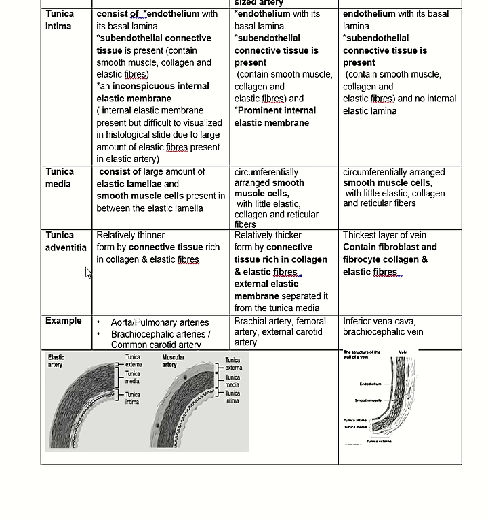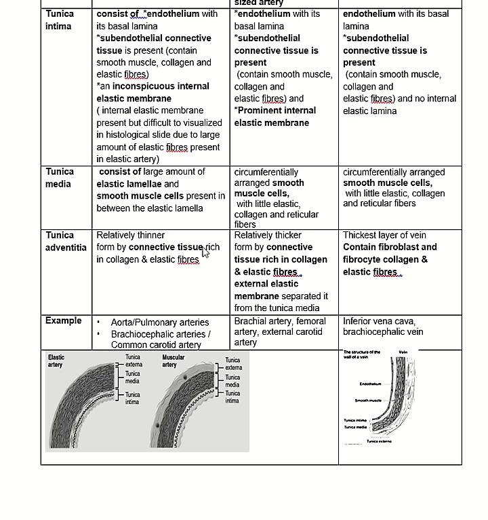Tunica media contains circularly arranged smooth muscle cells, present in all arteries and veins, but the thickness varies. In elastic artery it is thickest, in medium-sized artery it is less thick, and in vein it is thinnest.